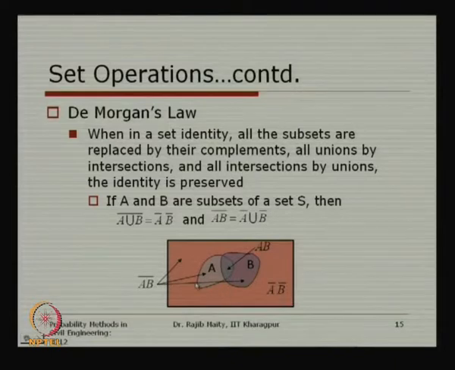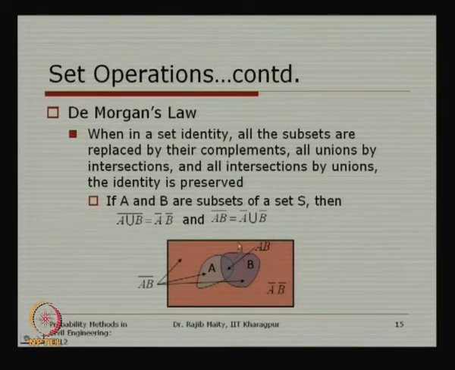Now, if I say this pink area around this one, then it is A complement intersection B complement. So what is A complement here? Whatever is outside of the area of A is your A complement, and here it is B, and outside of B is your B complement.